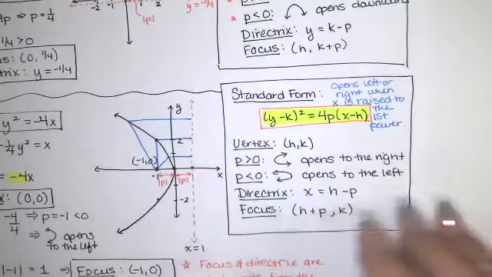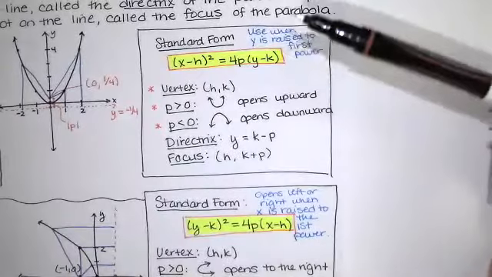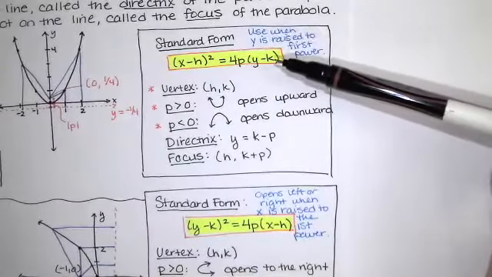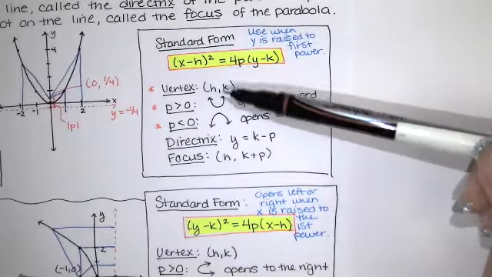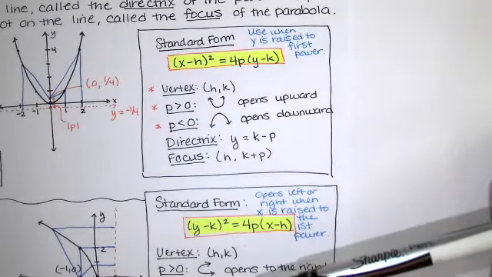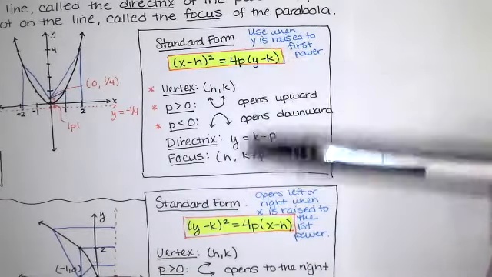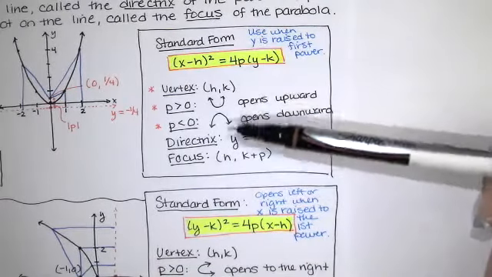With these problems, you tend to be given one of two things. Either you're given the equation and you're asked for the vertex, the directrix, and the focus, and then you're asked to sketch the parabola. Or you're given the vertex, directrix, and focus, or other information about your parabola, maybe even the value of p.